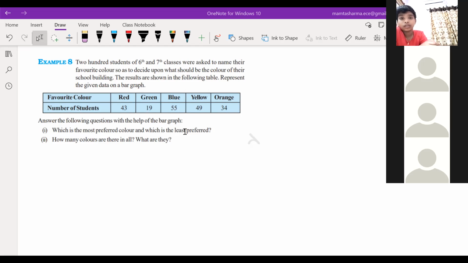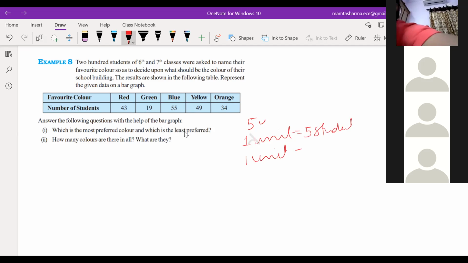You can take 1 unit equal to 5 students, or 1 unit as 10 students. Both will be correct.